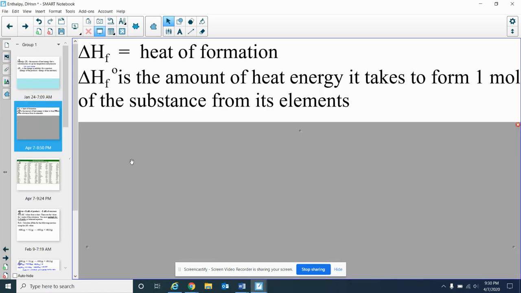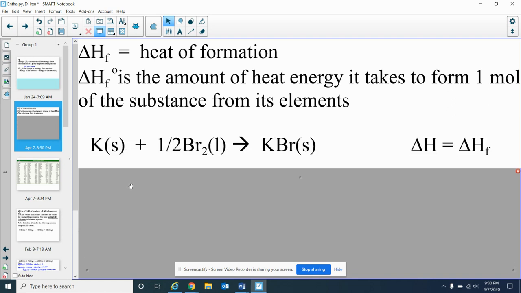Enthalpy of formation, or heat of formation, is the amount of heat energy it takes to form 1 mole of the substance from its elements. And we can get that, for instance, for this substance KBr. So if we were going to form 1 mole of KBr from its elements, it would require a mole of solid potassium, that's how it naturally occurs, plus half a mole of bromine liquid.